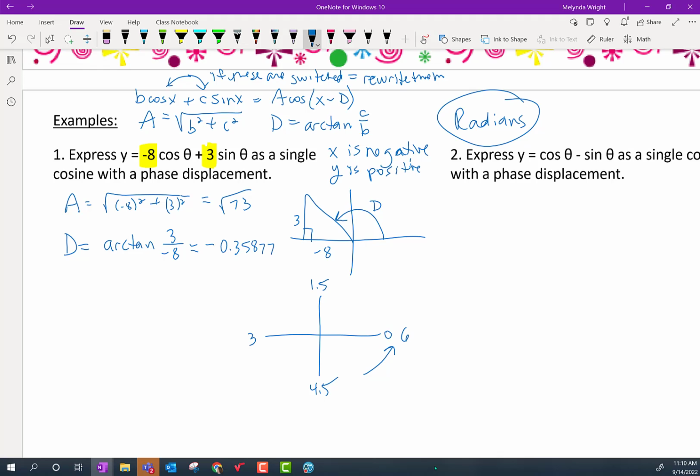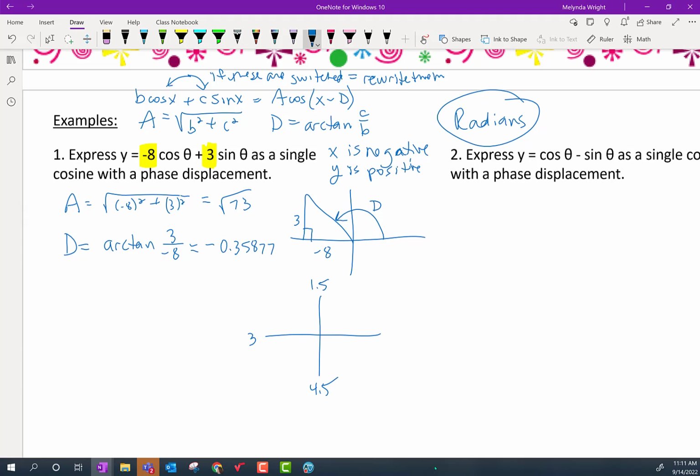This helps you decide where those angles are for radians. So if I have a negative 0.3, which quadrant do you think that's in? The 0.3 would be in the first quadrant, but it's negative, so it's in the fourth quadrant. Very good. And do I want my angle in the fourth quadrant? No, I want it in the second quadrant.